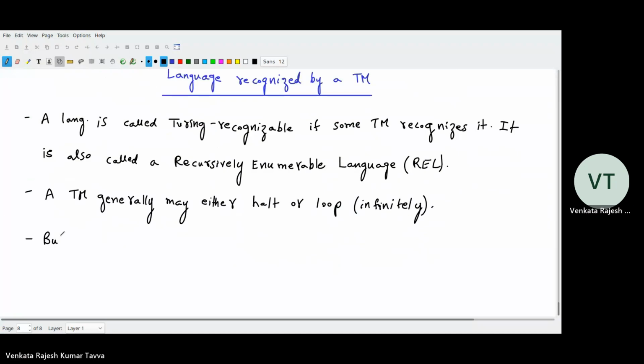But there are some Turing machines which always halt.